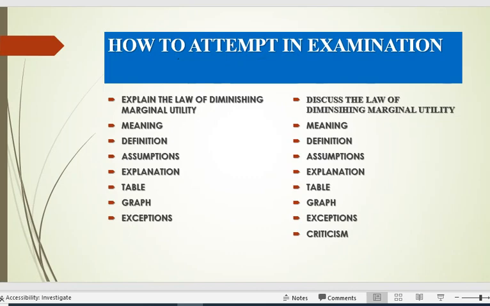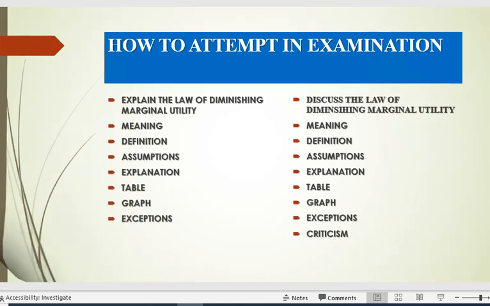Then we have to give the summarized interpretation of the table and of the graph. Then we have to write the exception. If the question is asked, discuss the law of diminishing marginal utility, then along with the exception, we have to write the criticism also. Significance we will write only when the significance is asked specifically. If it is not asked, then we are not going to give the significance.